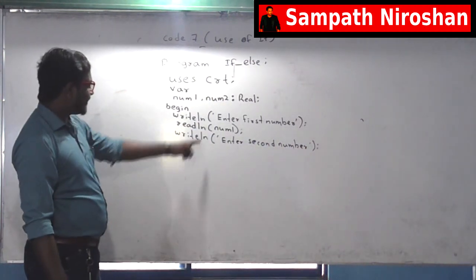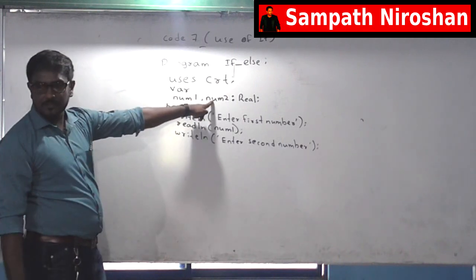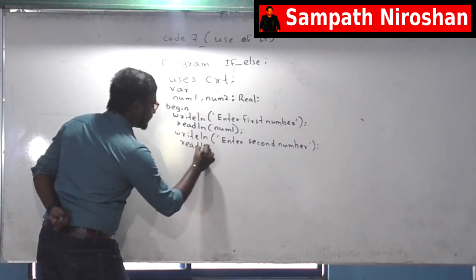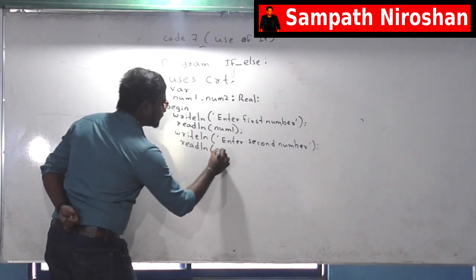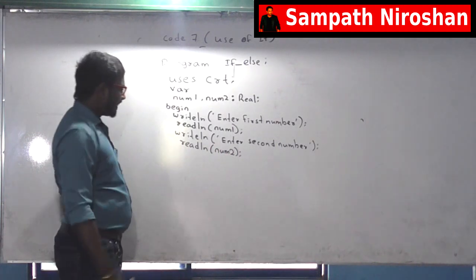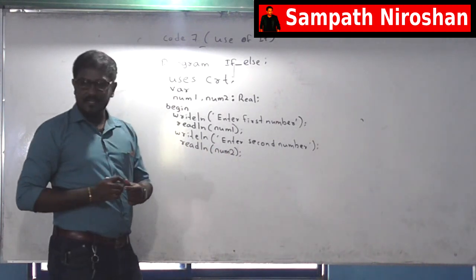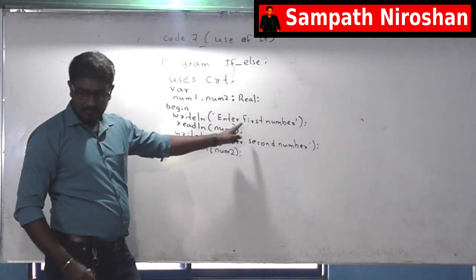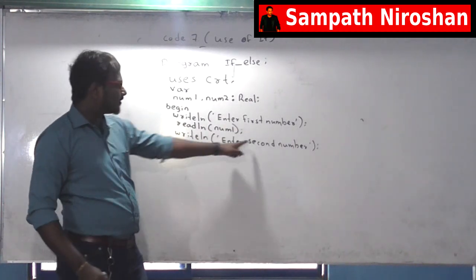And same as earlier, I am going to send that number into the num2 variable. So I write readln(num2). I have already emphasized inside earlier lessons that you don't use any quotes for values. Quotes are only for strings.